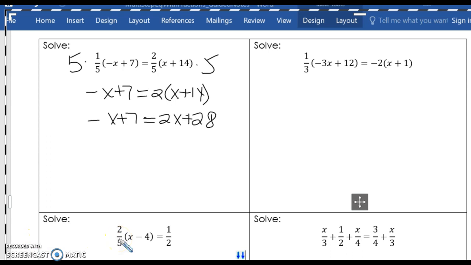Distributing the 2 gives us 2x plus 18 on the right side of the equation.